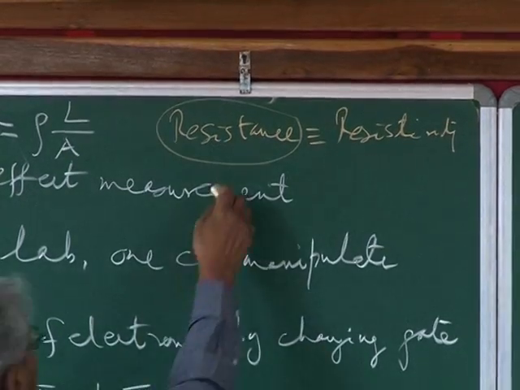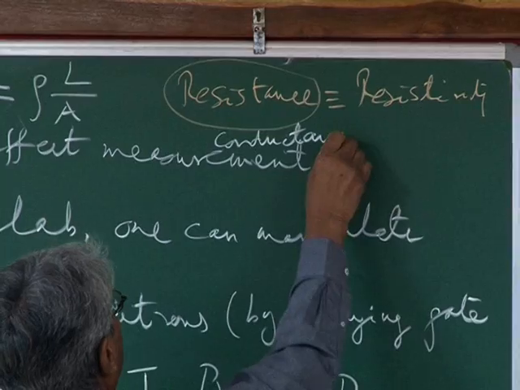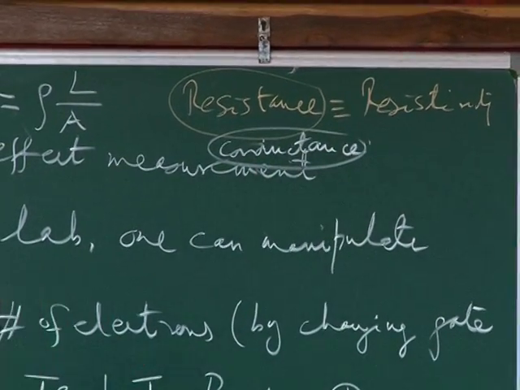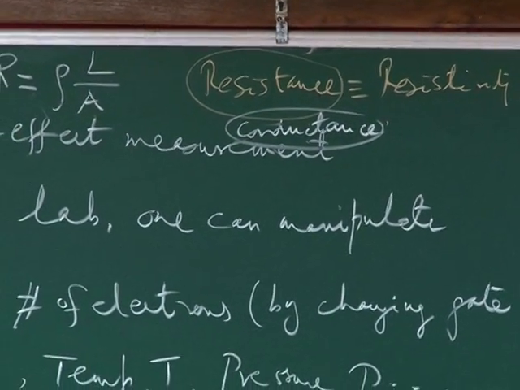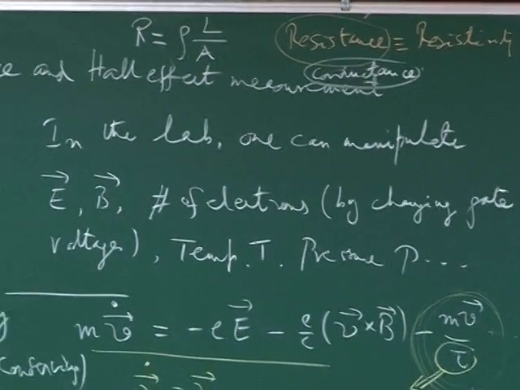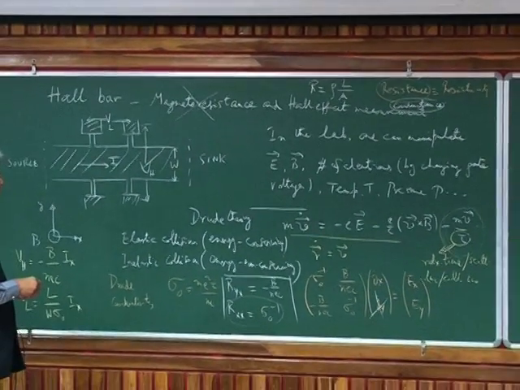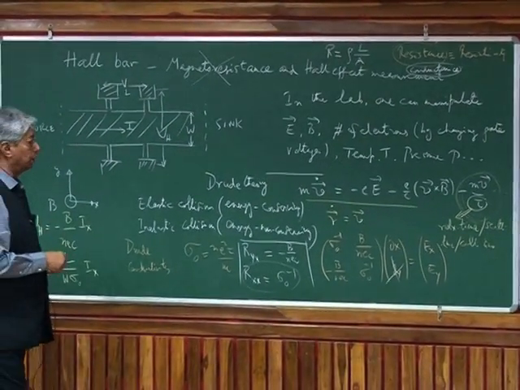Conductance is normally introduced as the inverse of the resistivity, right? So that's just the dimensional dependence that is forced onto you in making what you measure in the experiment. So yesterday we stopped here.